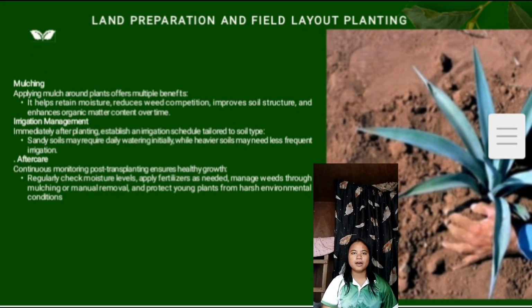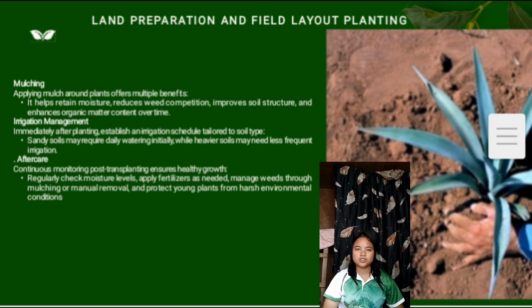For mulching, applying mulch around plants offers multiple benefits. It helps retain moisture, reduces weed competition, improves soil structure, and enhances organic matter content over time. For irrigation management, immediately after planting, establish an irrigation schedule tailored to soil type.